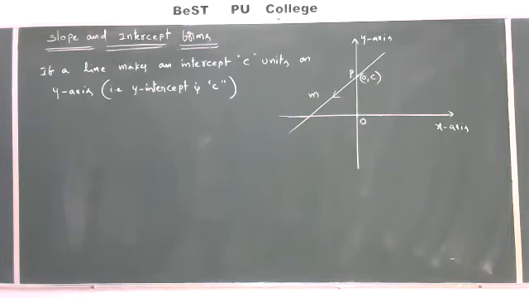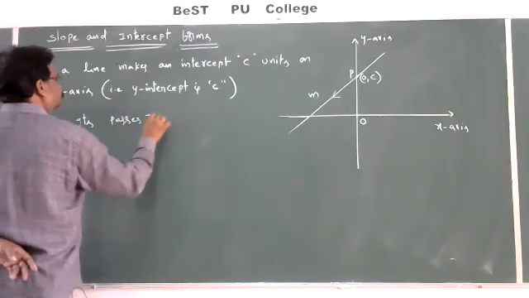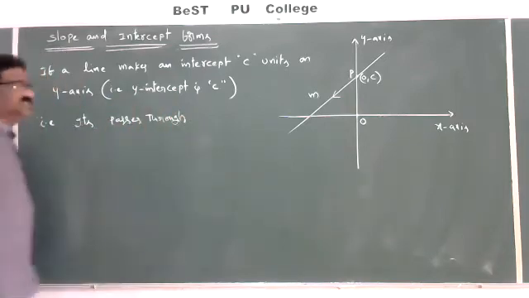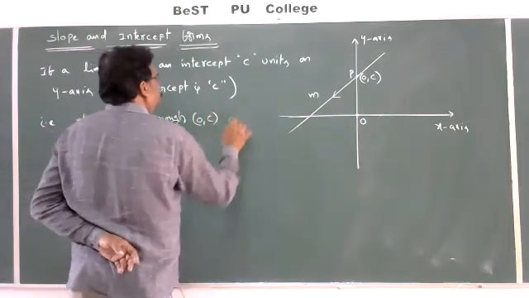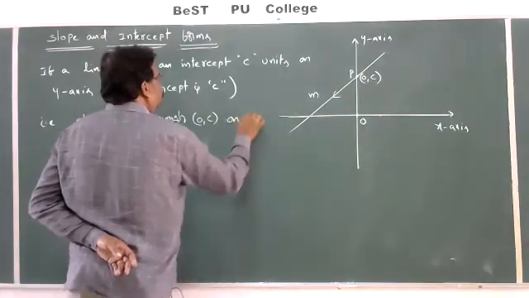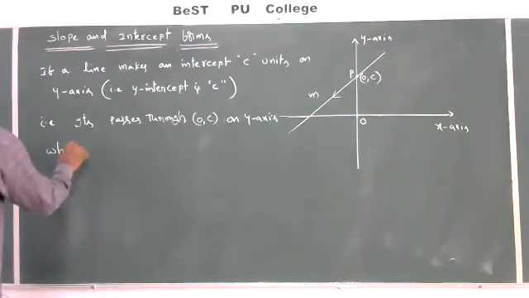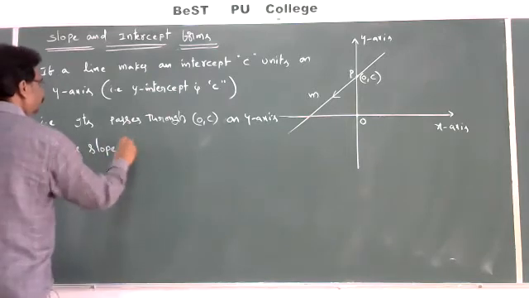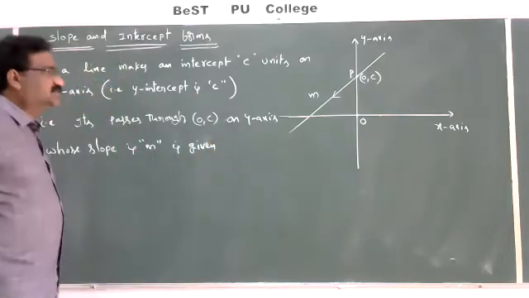If a line makes an intercept of c units on the y-axis, it passes through 0 comma c on the y-axis, whose slope m is given.